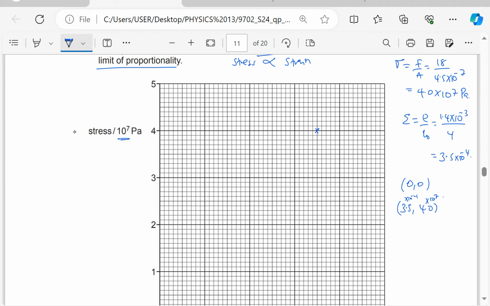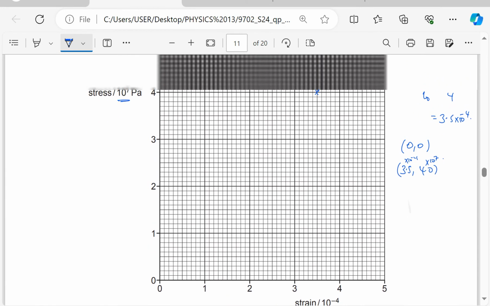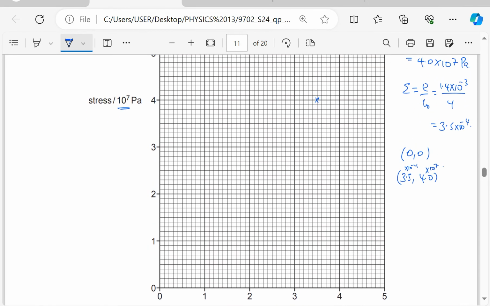So I'll just draw a straight line which should stop at 3.5 and 4, because the stress is on the vertical, so the point is going to be here.